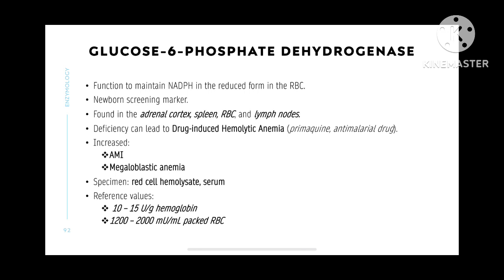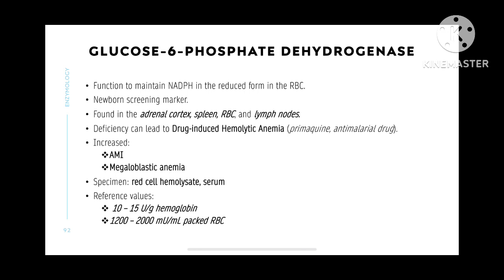G6PD is also a newborn screening marker and babies in the hospital are being tested once they are born, after like 24 to 48 hours. The tissue sources for G6PD include the adrenal cortex, the spleen, thymus, lymph nodes, the lactating mammary gland, and erythrocytes.